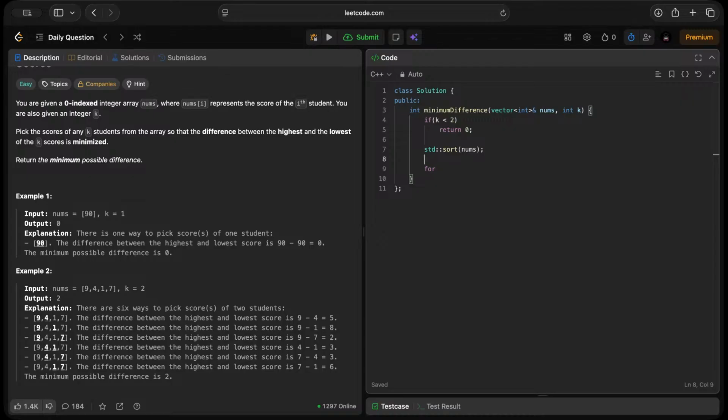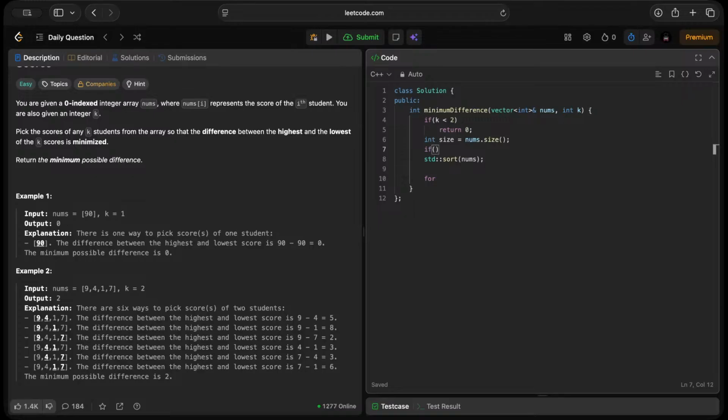But then we need K. I'm just gonna do one touch. I just like to make this a size real quick. I think it's size. It's either length or size.